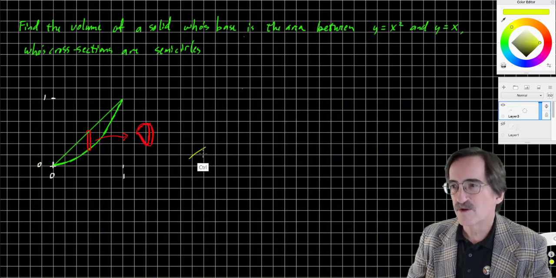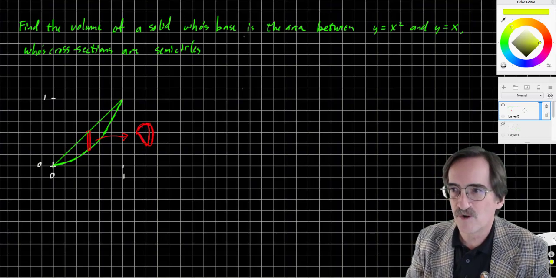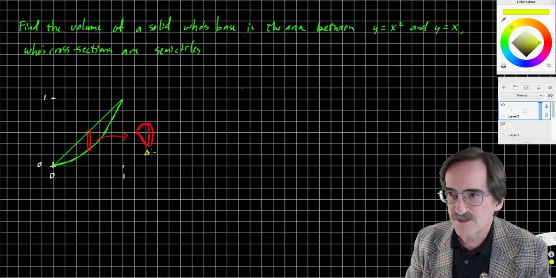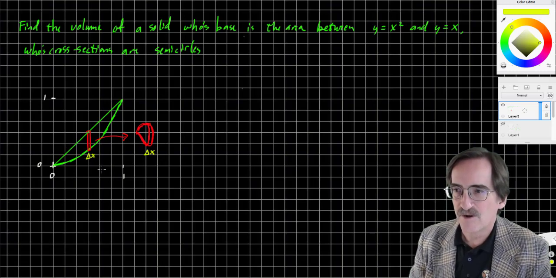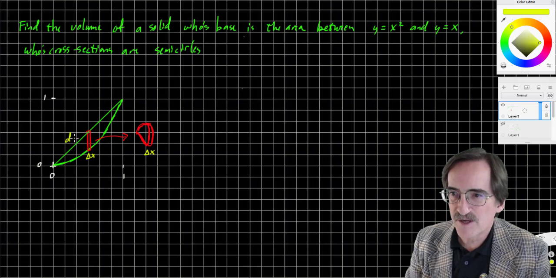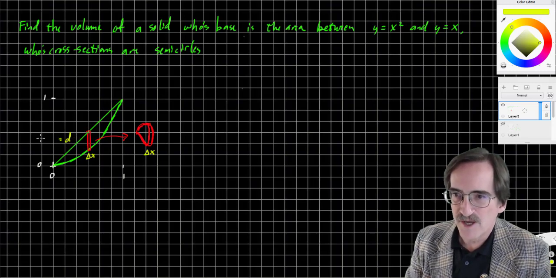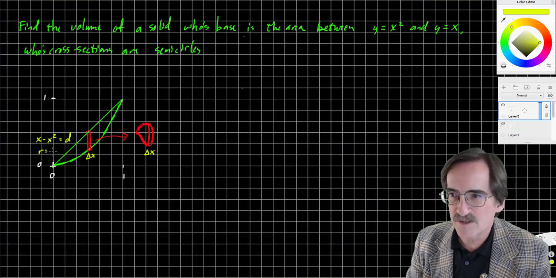Okay. So the strategy here is to find the volume of one slice. And this is delta x. We can express the diameter. The diameter is y equals x minus y equals x squared, so the diameter is x minus x squared. So the radius is x minus x squared divided by 2.